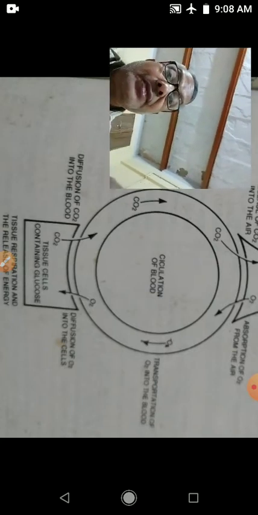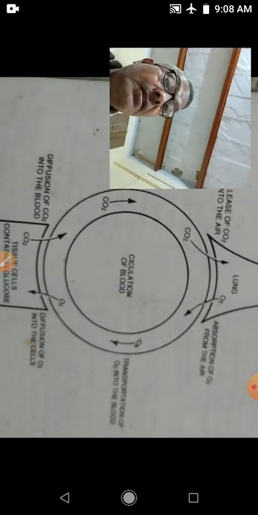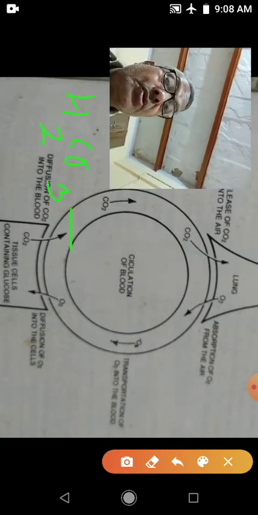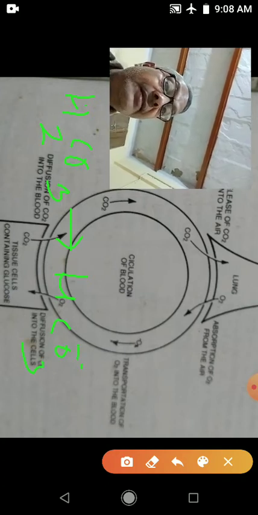So which carbonic acid forms? This carbonic acid, that is H2CO3, is going to dissociate into bicarbonate ion and hydrogen ion.